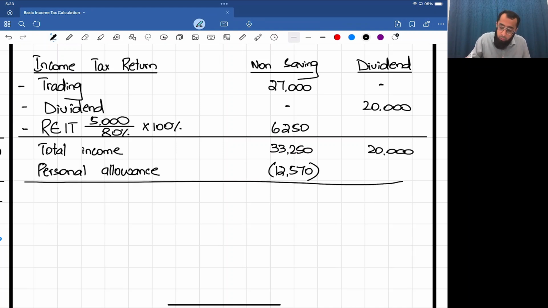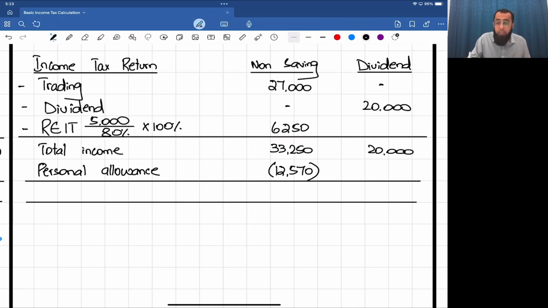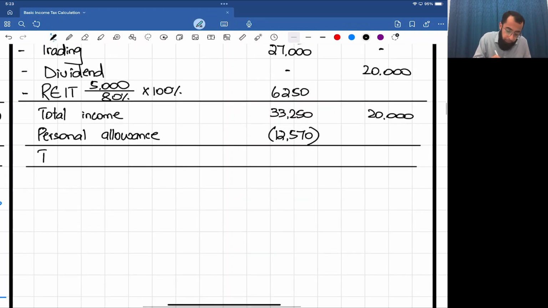And here you go, you'll get your taxable income. Okay, so now what's your taxable income? Let's look at your taxable income. 33,250 minus 12570, it's 20,680, and here it's 20,000.